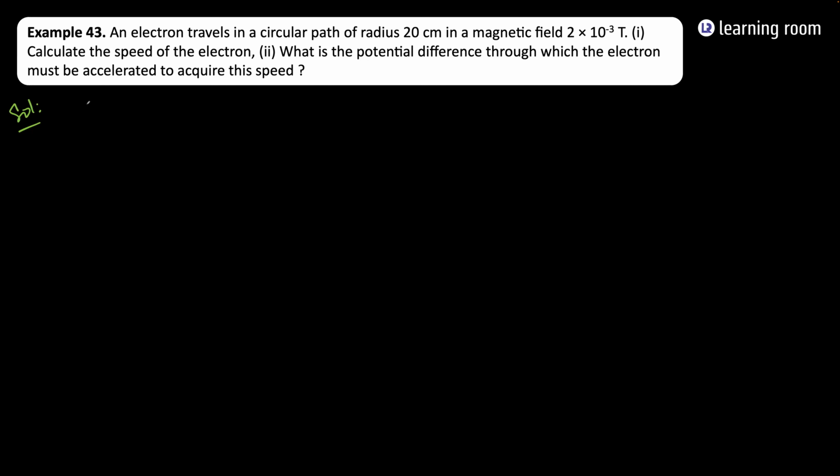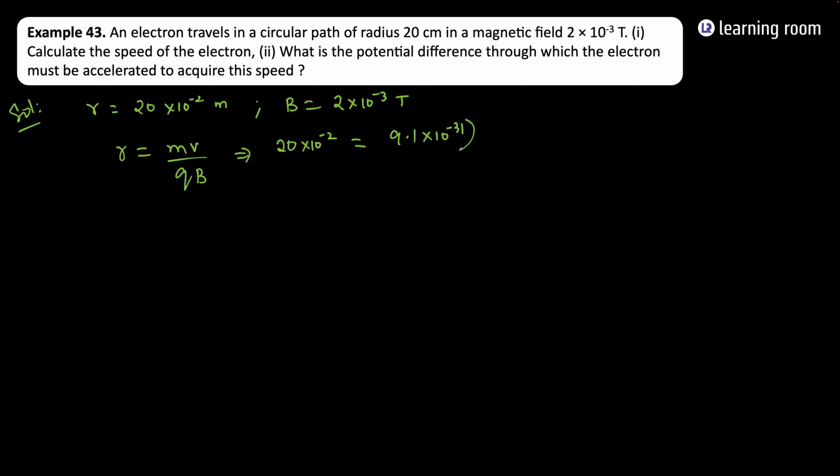There is an electron that travels in a circular path of radius 20 centimeters, so 20 into 10 power minus 2 meter. And the magnetic field value is given as 2 into 10 power minus 3 Tesla. Calculate the speed of the electron. R is equal to mv divided by qB, which implies 20 into 10 power minus 2 is equal to the mass of the particle, 9.1 into 10 power minus 31, into what is going to be the speed. That's what we need to calculate.